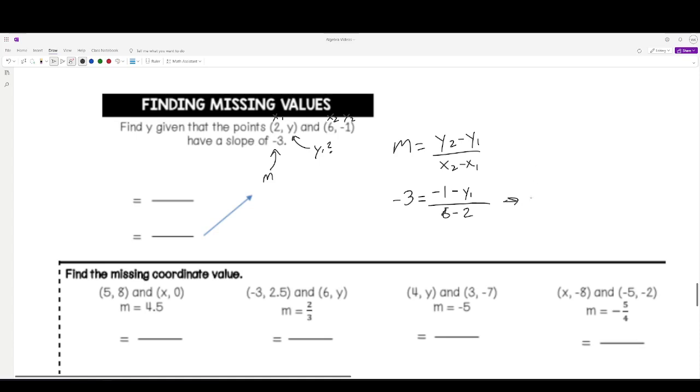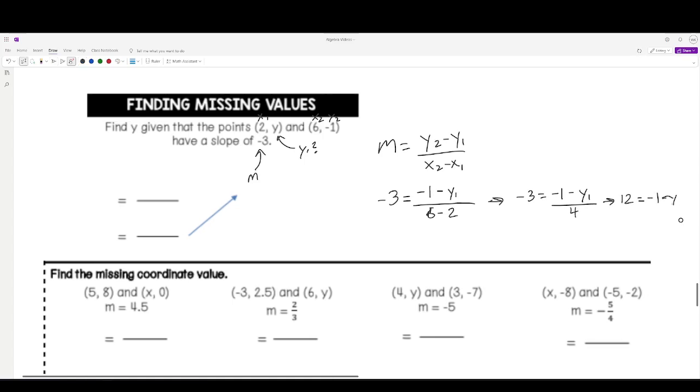So my first step is going to be -3 equals (-1 minus y1) divided by 4. My next step, I need to get rid of this denominator. So I'm going to multiply both sides by 4. I get -12 is equal to -1 minus y1. Next, I need to add 1 to both sides.